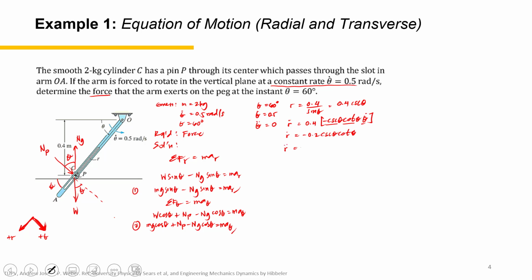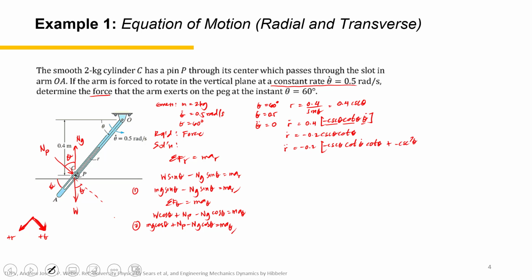Let's differentiate again. Negative 0.2. The derivative of cosecant is still negative cosecant theta, cotangent theta and theta dot, times the right part, which is the cotangent theta, plus the derivative of the right part, which is cotangent, and that would be negative cosecant squared.